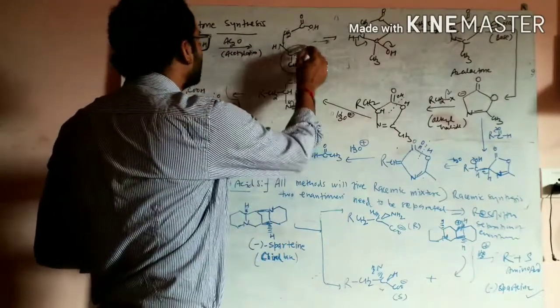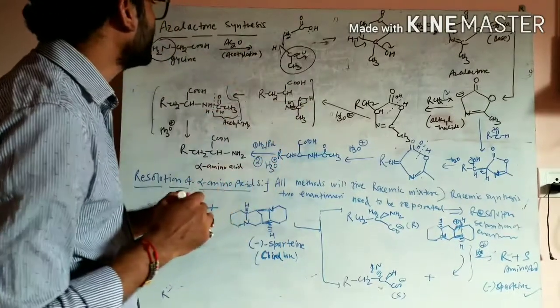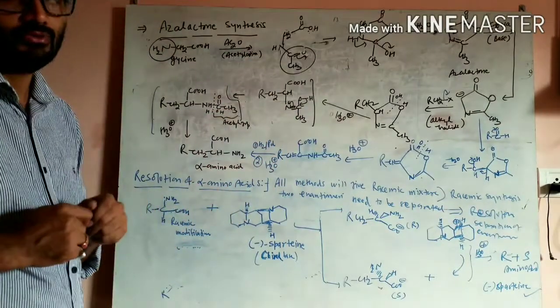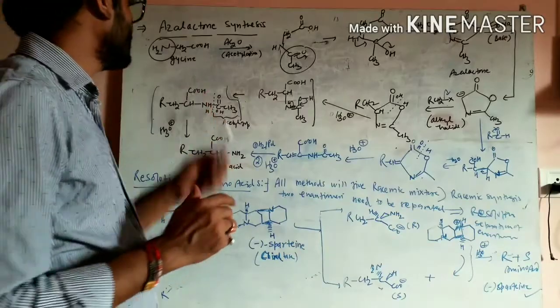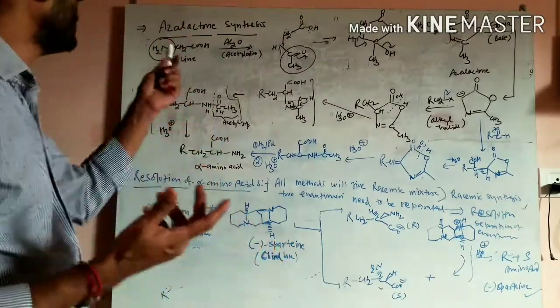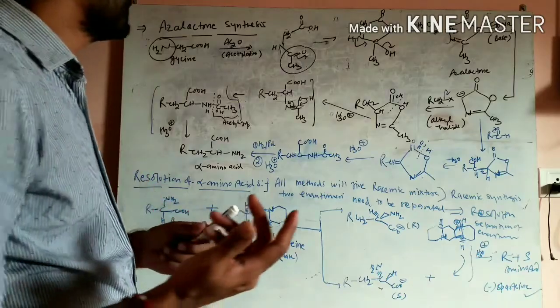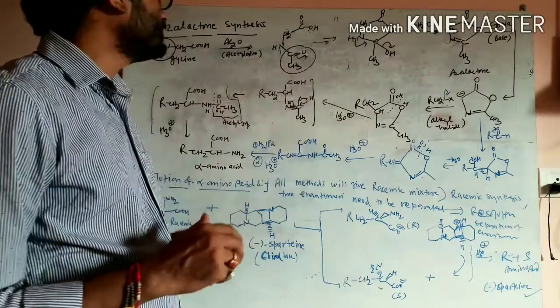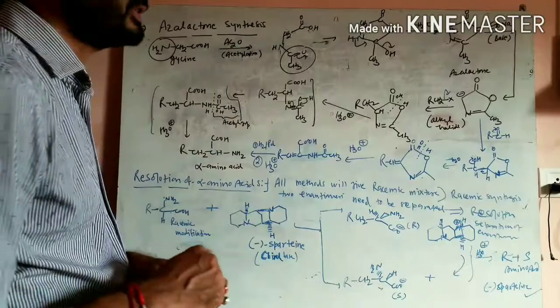This COCH3 is simply coming from acetic anhydride, which is an acylating agent. You can also use acetaldehyde for this acetylation. Either you use acetic anhydride or acetaldehyde, you will get this acylated glycine, but we prefer acetic anhydride.